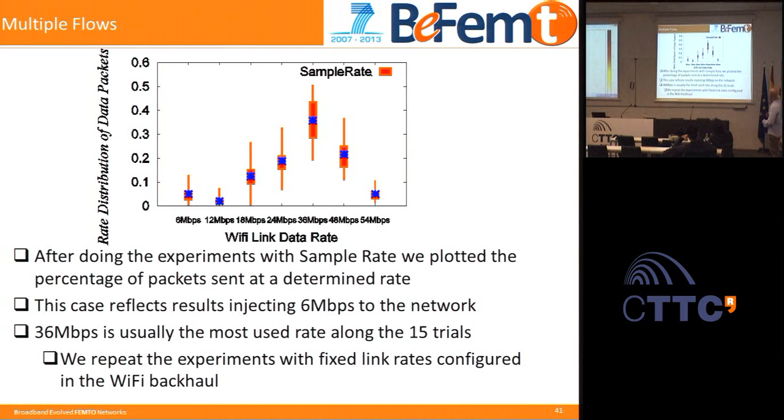It seems that 36 megabits was the most used choice by the sample rate algorithm. This is one of the choices that we take afterwards in order to evaluate the routing algorithm using fixed Wi-Fi link rate configuration. We choose this, and also this, in order to get an idea if this algorithm was able to get an appropriate estimation of the appropriate link rate configuration.